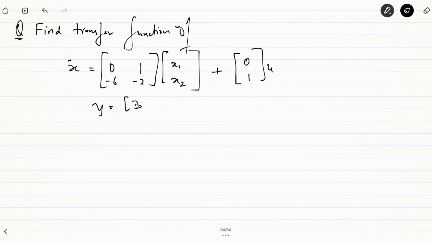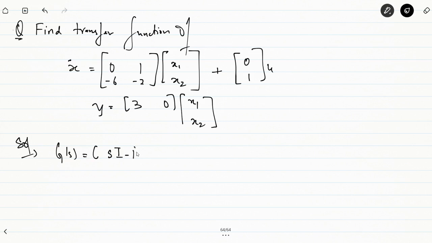Y is equal to [3 0] [x1 x2]. So we know now the transfer function is given by the equation C (sI minus A) inverse B plus D. So first of all, we need to find (sI minus A) inverse.